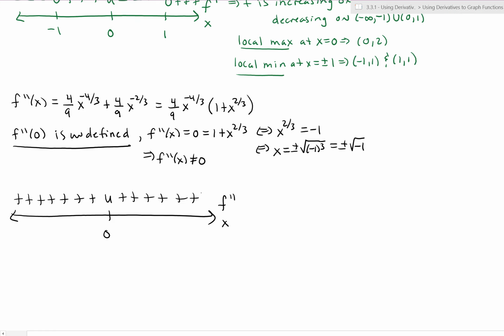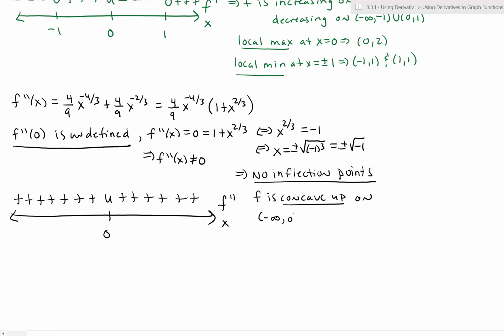So there's no sign change in the second derivative at this possible location of x is equal to 0. And what that tells us is a couple things. One is there are no inflection points for this function, right? Because there are no changes in concavity, there are no changes in the sign of the second derivative. Moreover, it also tells us that the function itself is concave up, right? Pretty much everywhere except at 0. So it's concave up on the interval -infinity to 0, union with 0 to infinity.